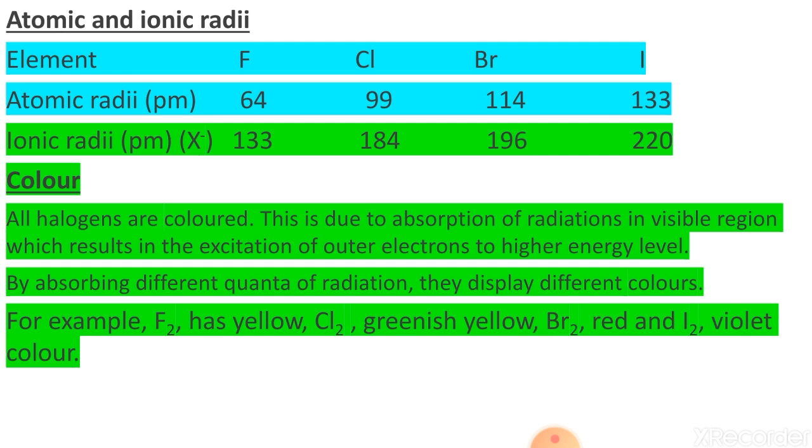Similarly, iodine absorbs low energy, yellow light and green radiation. That's why it shows violet color. So this also depends upon the energy, that is the force of attraction between the nucleus and the outermost electron. Now students, astatine also has an indigo or bluish color.